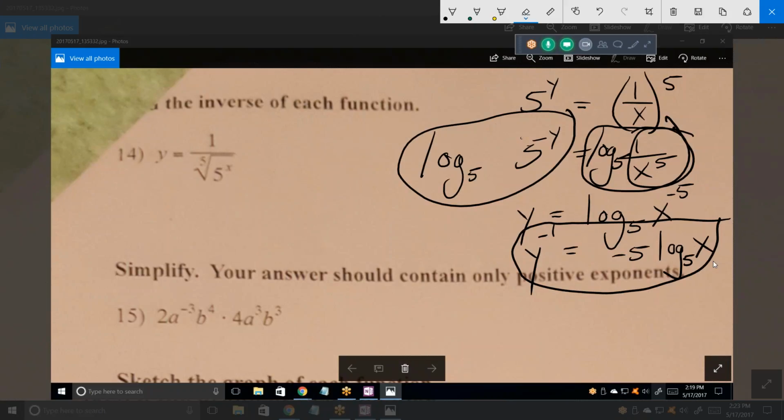I could take it back one step and call it this, but not sure which one is more simplified. I gotta think that this one is the more simplified version. Minus 5 times log base 5 of x. Okay.